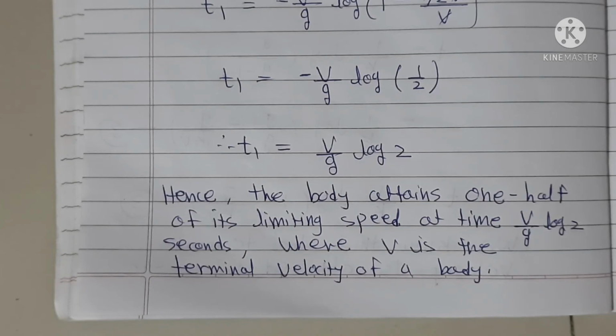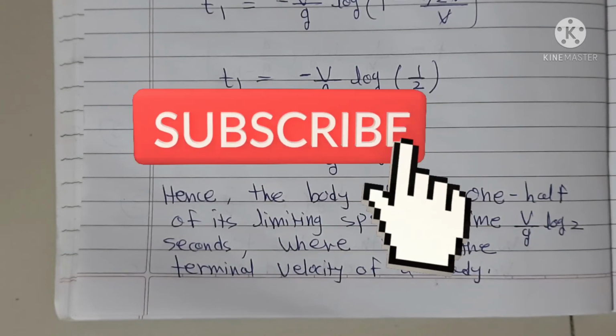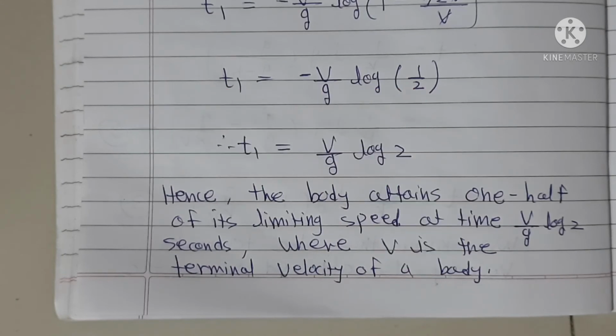When the force of resistance applied by the fluid becomes equal to the weight, then acceleration becomes 0 and the particle continues to fall with a constant velocity, because the rate of change of velocity becomes 0, therefore acceleration becomes 0. This is called the limiting or terminal velocity.